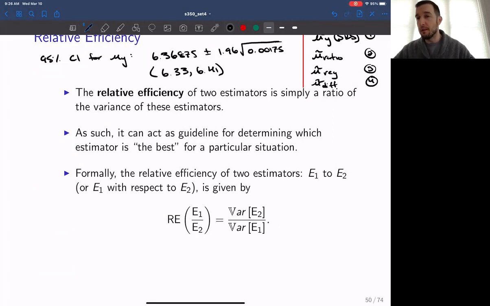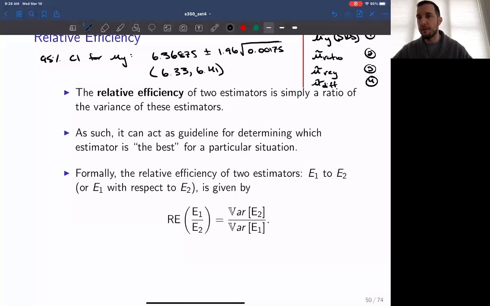This is actually the last part of question 4 on assignment number 3, which is asking you to compare the variation of, I think it's the regression estimator to the SRS estimator, but I don't remember exactly, something along those lines. This comparison of variances leads to a measurement that we refer to as the relative efficiency.